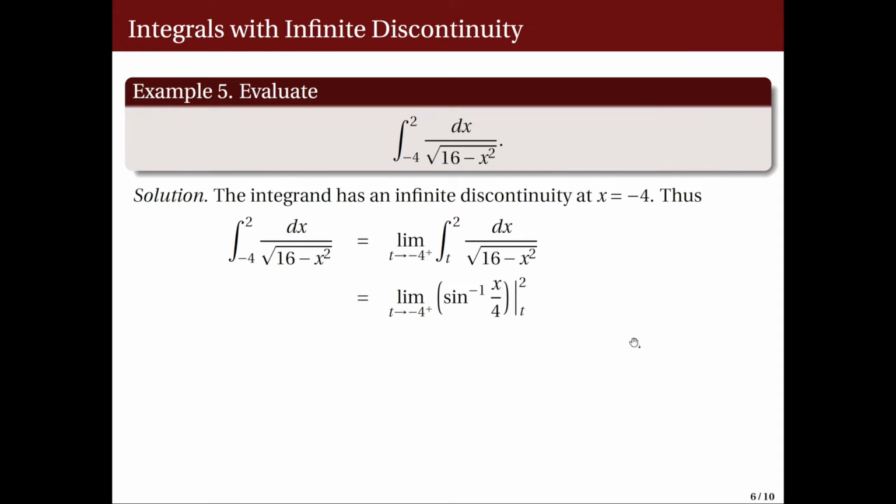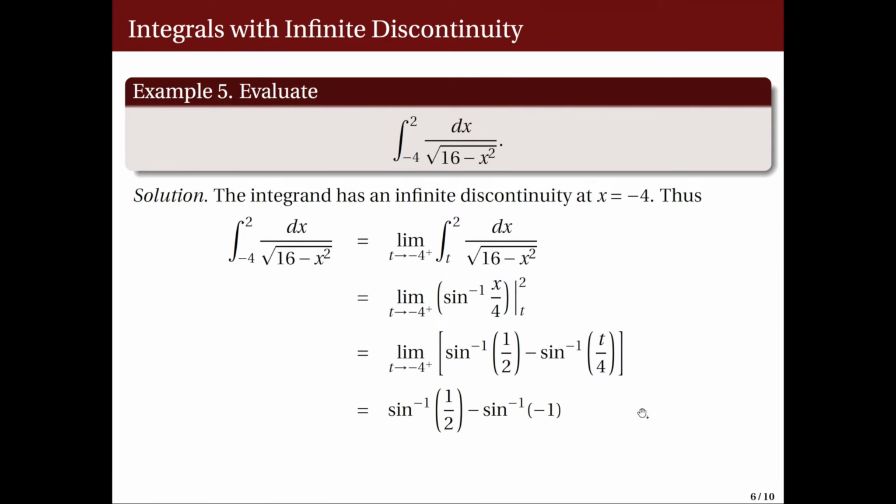You can verify that this will give you the limit as t approaches -4 from the right of sine inverse of x over 4 evaluated from t to 2. And when we do the evaluation of the function, we get the following. This is the value when x is equal to 2, and this is the value when x is equal to t.